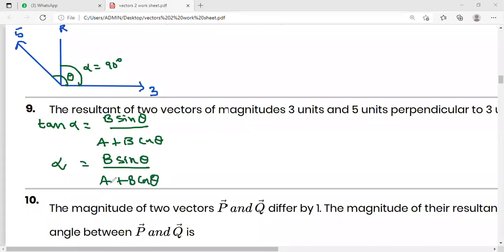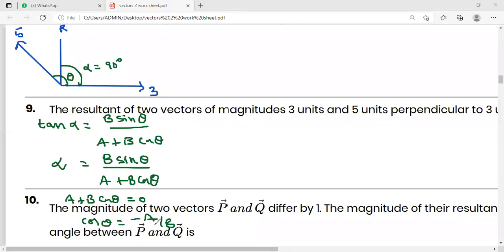For this equation to become infinite, definitely the denominator should be equal to 0. What is the denominator here? A plus B cos theta should be 0. Then B cos theta is minus A, and cos theta is equal to minus A by B.